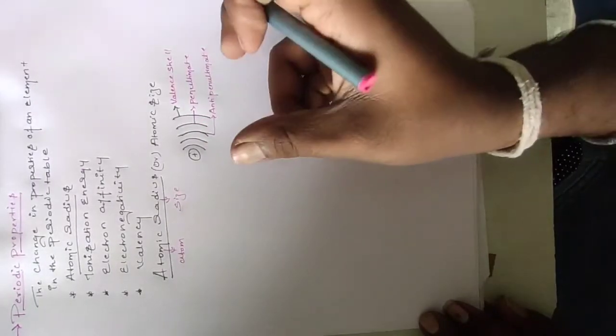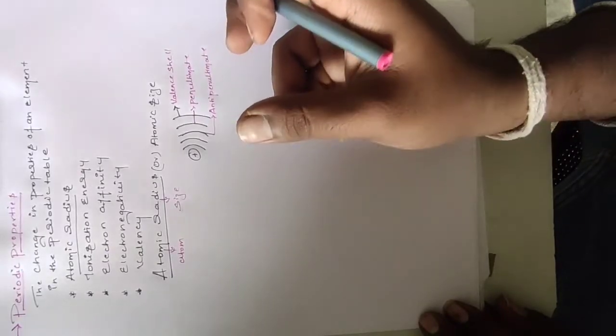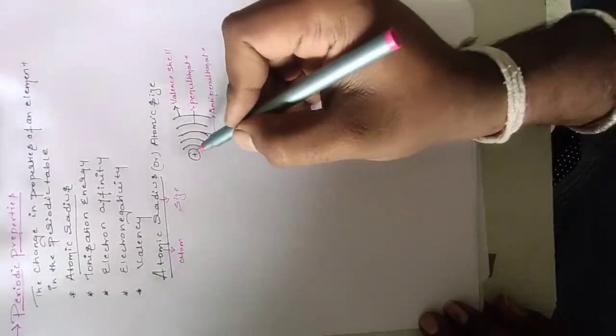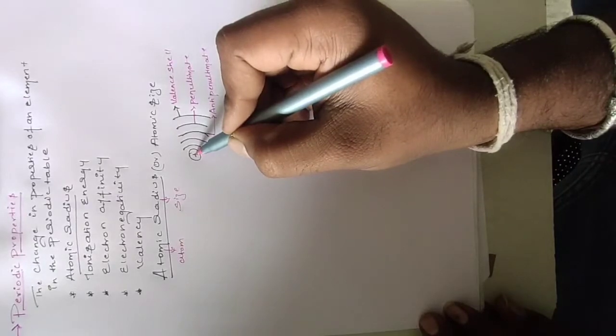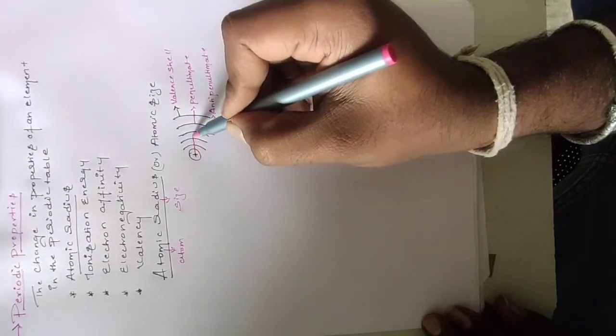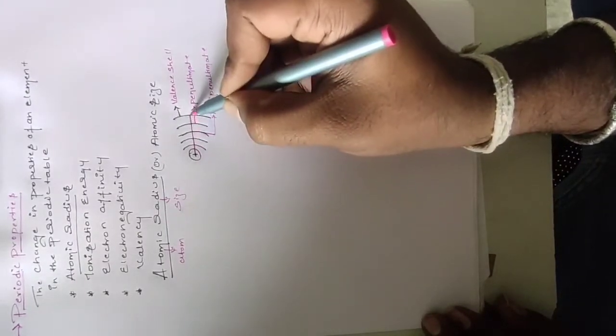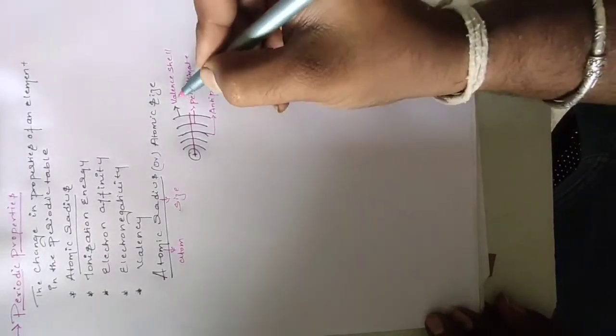You see, what is this atomic radius? Atomic radius is nothing but the distance between the nucleus and the electron which is present in the valency shell.